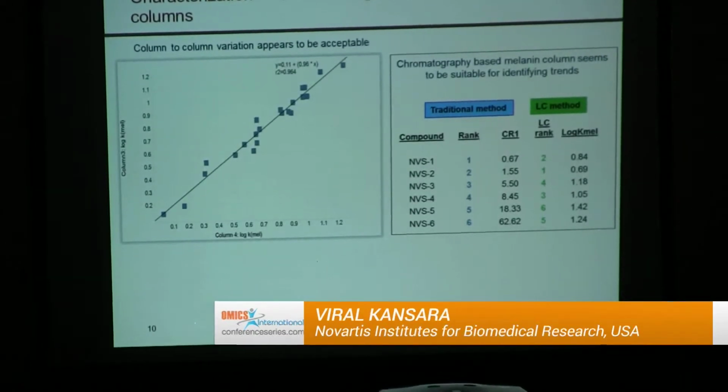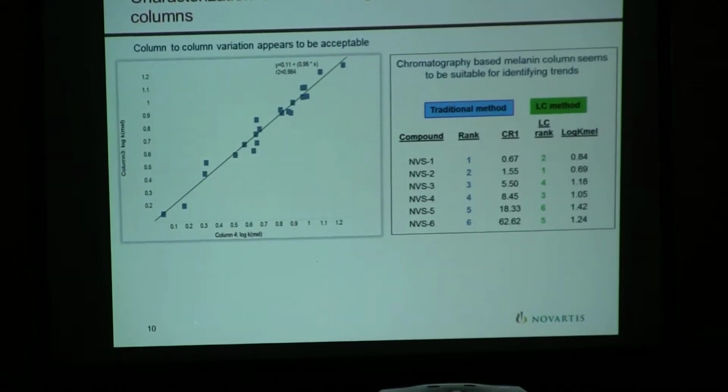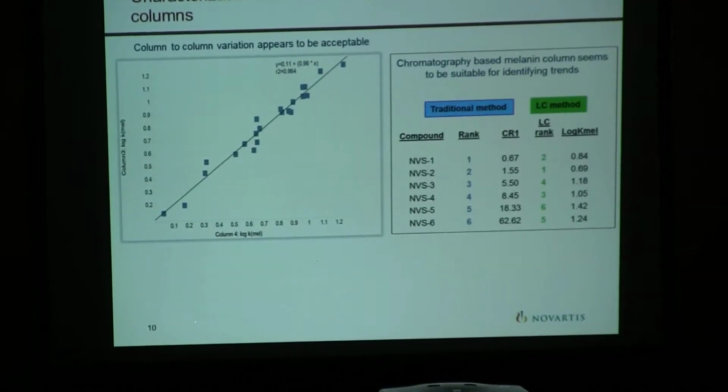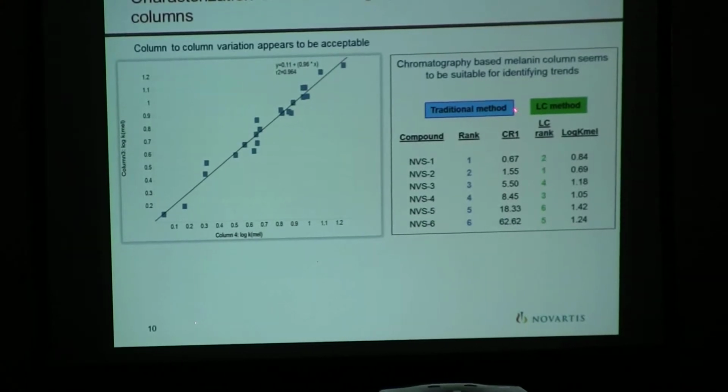In the discovery phase, you don't have that amount of material to run full scale concentration dependent equilibrium binding assays. But we had data for a number of compounds, and we used the newly developed assay and rank ordered the compounds. So here is the data in blue with the traditional method, and the rank order in green with the newly developed assay.